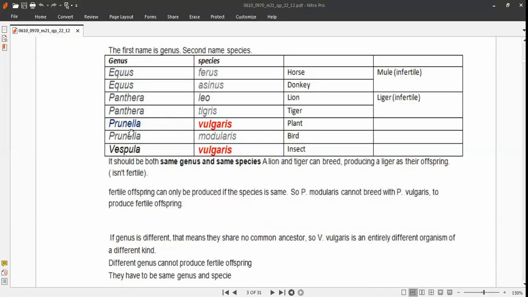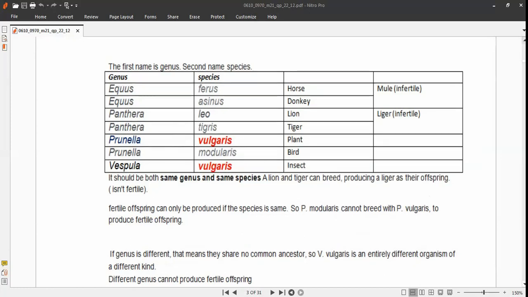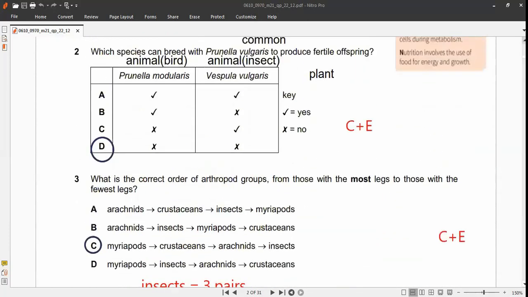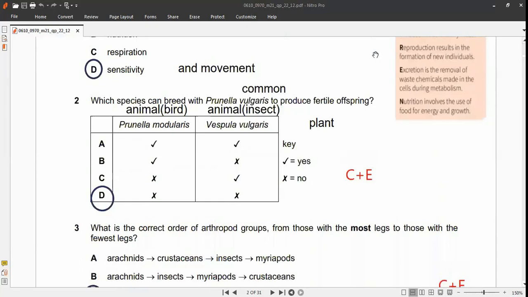Look here, Brunella vulgaris is a plant, Brunella medullaris is a bird, and Vespiola vulgaris is an insect. Let's go to the question again. Which species can breed with Brunella vulgaris to produce fertile offspring?